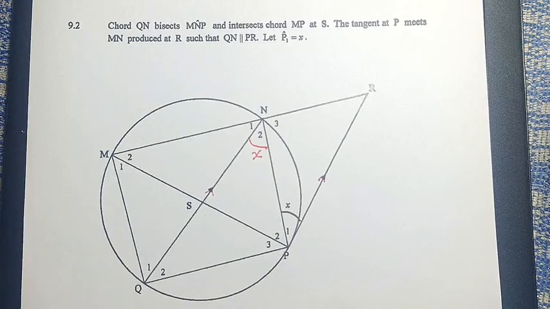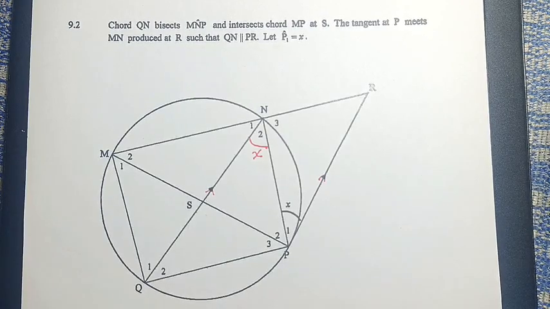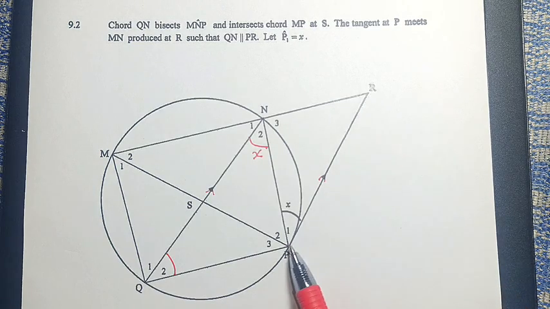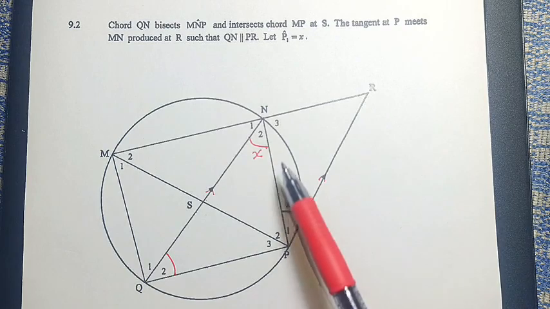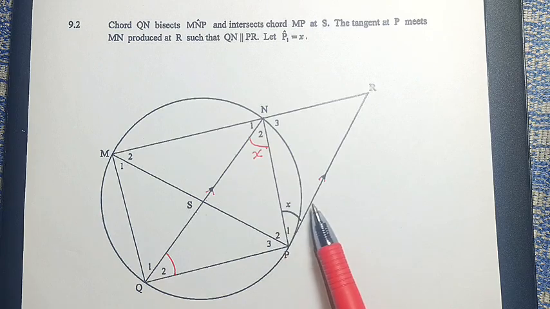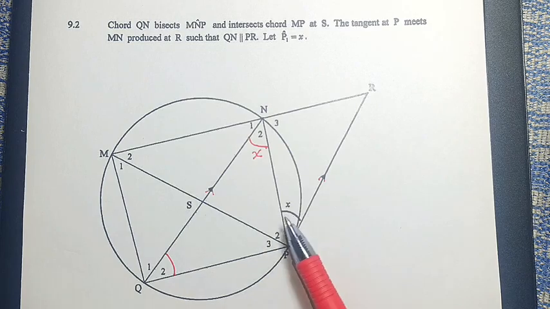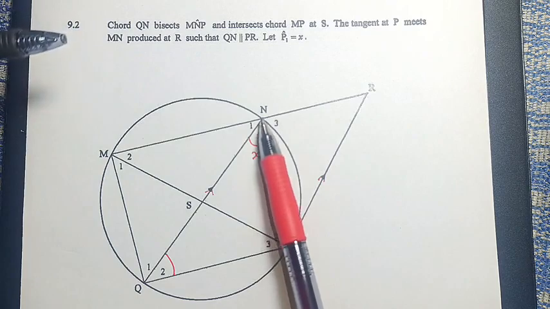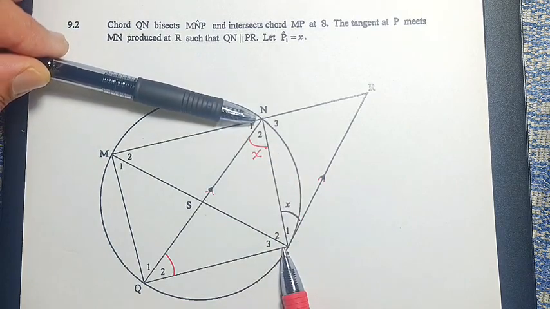The second is quite easy. We need to find the angle Q2. Now this is a tangent at P and NP is a chord. The angle between tangent and chord is equal to the angle in the alternate segment.